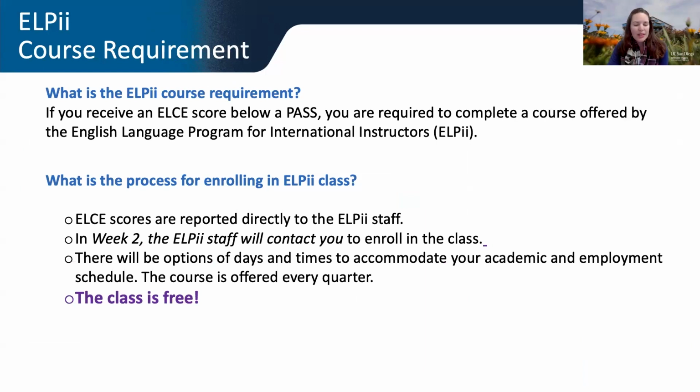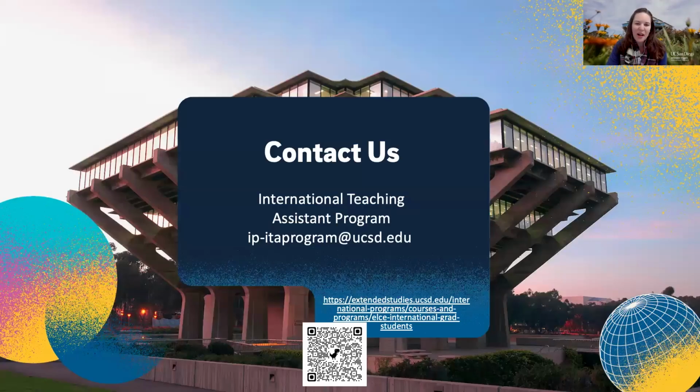We report directly to the staff at Teaching and Learning Commons for the ELPII course. And in week 2, they'll help you enroll in the course and give you everything that you need. So with that information, I'll hand it off to my colleagues at Teaching and Learning Commons.